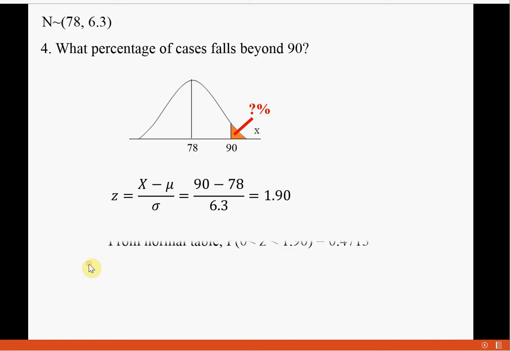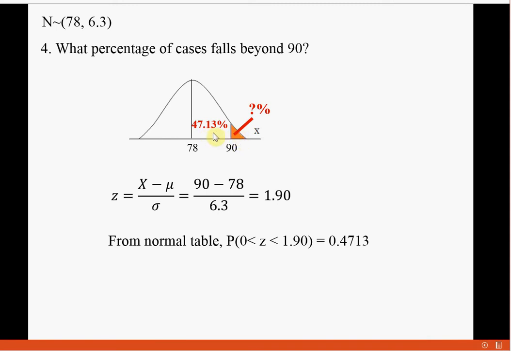So we look up a normal table, we find out the probability for z-score between the mean and 1.90 is 47.13%. So that is that value, and that value is not about this question. This question is about the size of this corner.